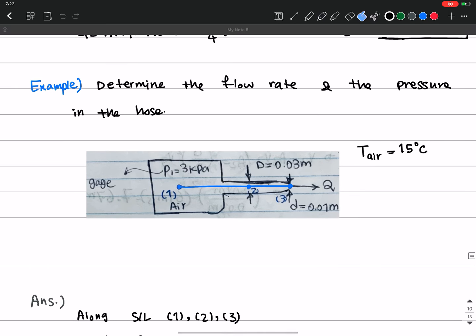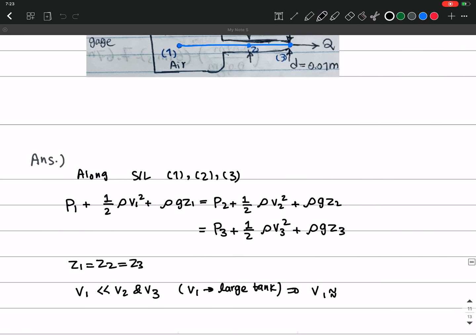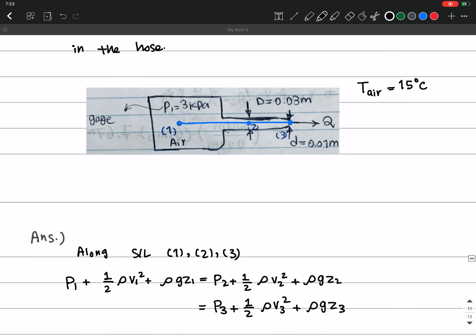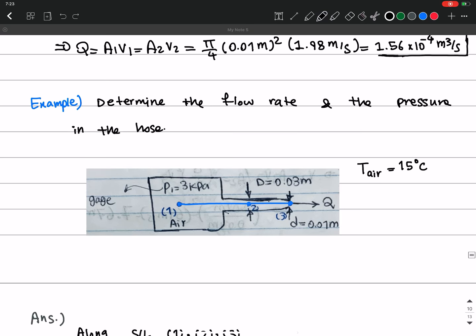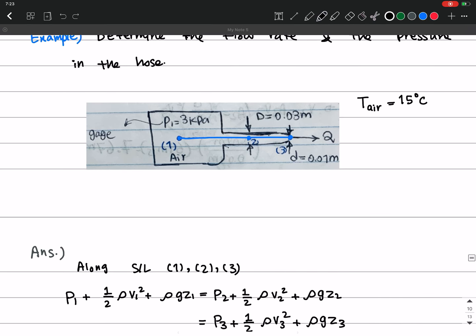So now let's see. It's going to be around 0. And also because I have the gauge pressure here, the problem gives me the gauge pressure, right? So the pressure that I want to write here is going to be the gauge pressure. So that means that the atmospheric pressure is assumed to be 0 here.